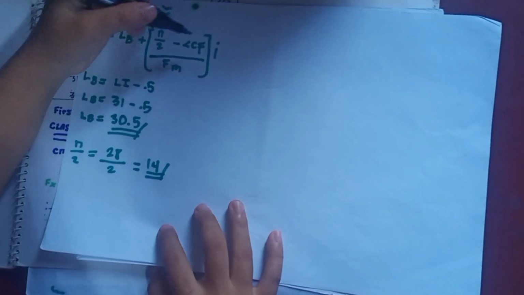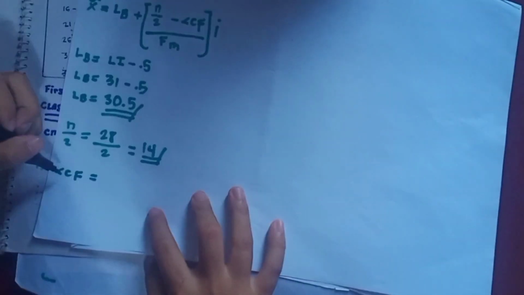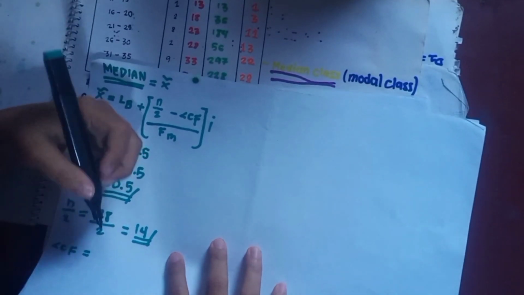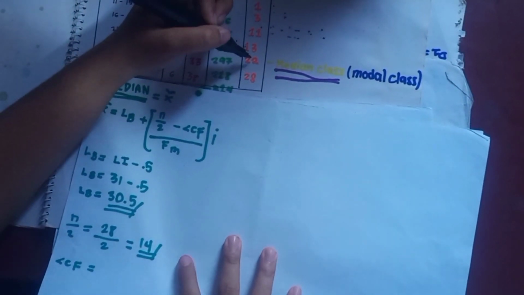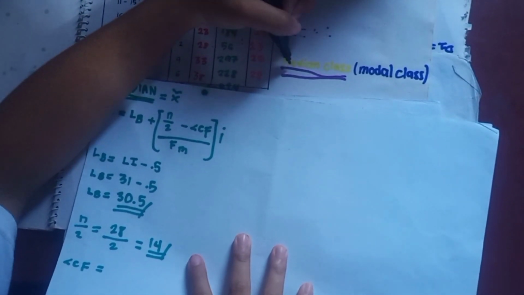The next thing that we have to get is the cumulative frequency. To get our cumulative frequency, we can simply look at our table. The cumulative frequency that we have to get is the cumulative frequency below our median class.